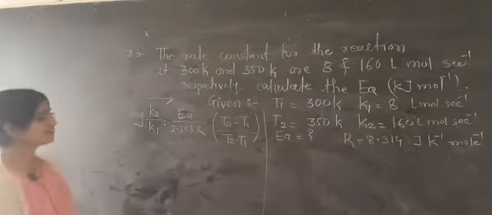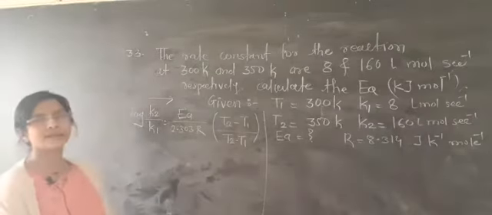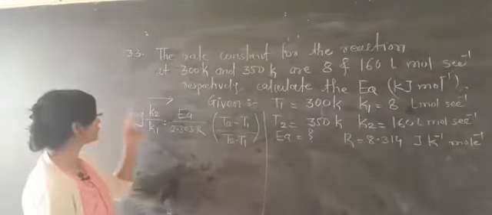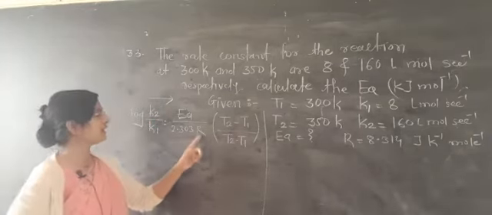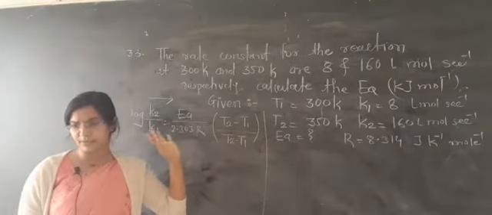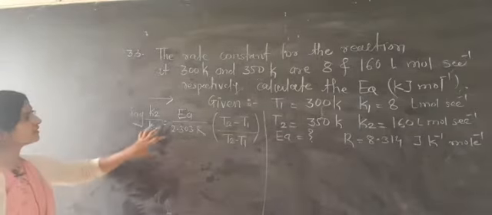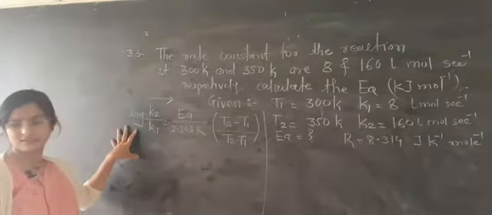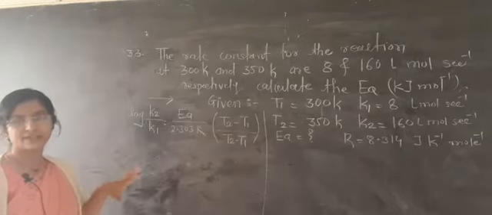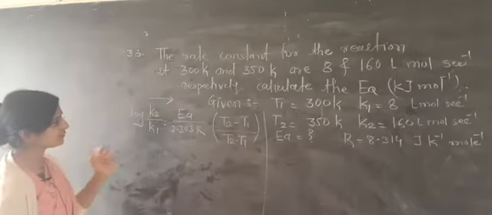Now look at this. The equation contains two different temperatures and two different rate constant values. R is given, and we just want to find the activation energy. So friends, we just rearrange this equation into the form for activation energy calculation.